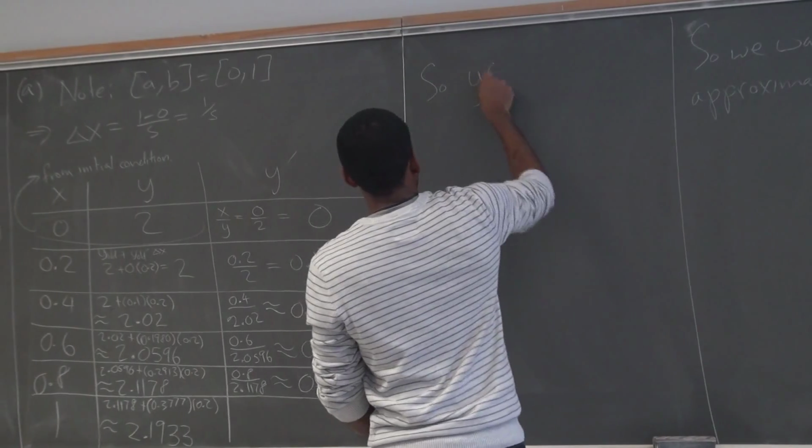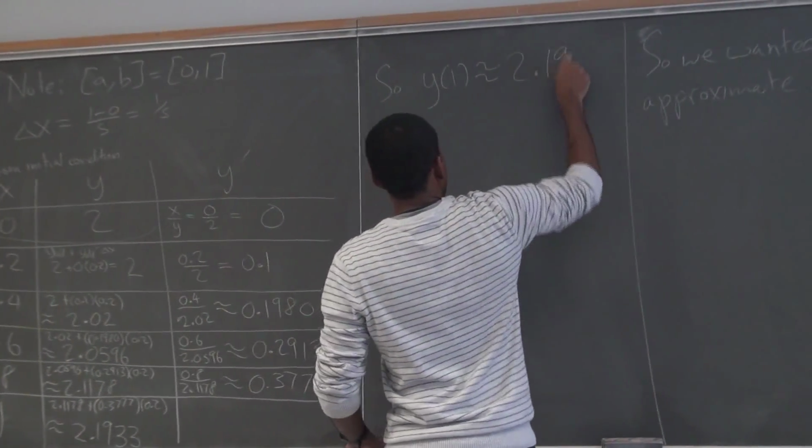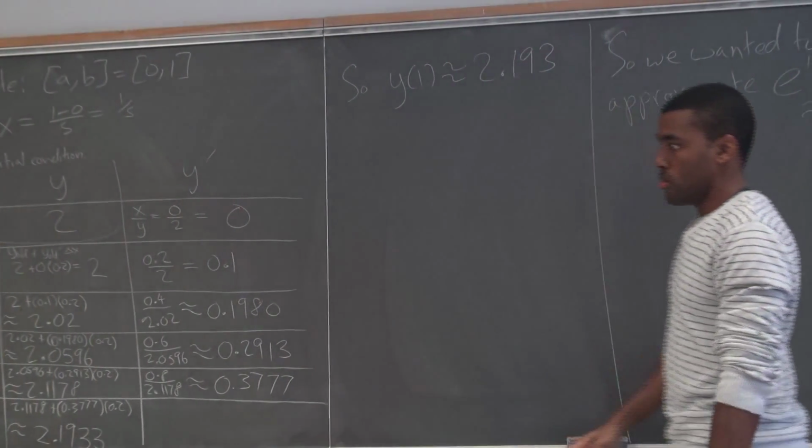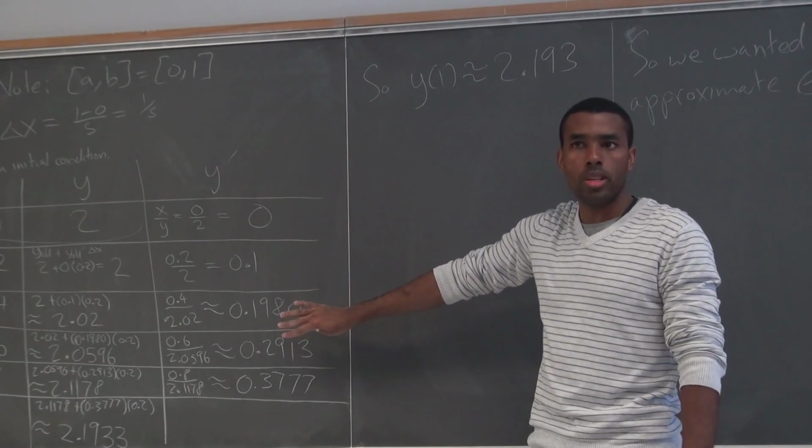So y of 1 is approximately 2.193. Any questions on the method? Like how to fill out the table?